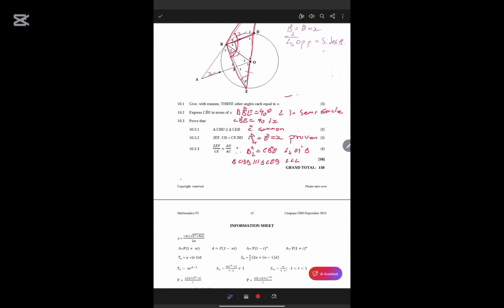Now, let us look at question 10.3.2. They say 2EF times CB is equal to CE times BD. So what we do is go and look at those similar triangles. Remember, you must make sure that the way you write the triangle, corresponding angles are aligned correctly. Looking at the expression, we have CE times BD.